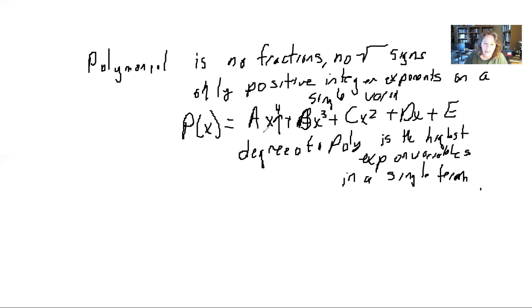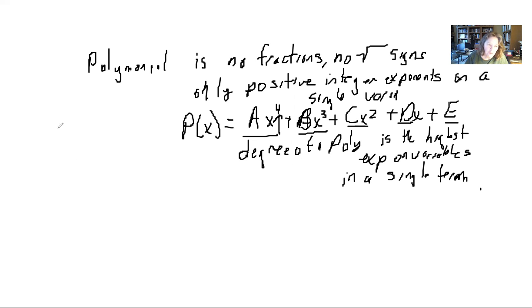So a term is anything separated by a plus or minus sign. So this one has 1, 2, 3, 4, 5 terms because there's 5 different things. So it's a coefficient and any combination of variables raised to an exponent. So this particular one, if we were going to classify this one, the degree would be 4 and the number of terms would be 5.